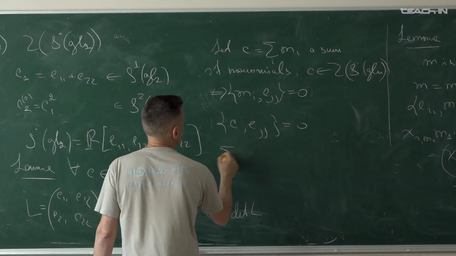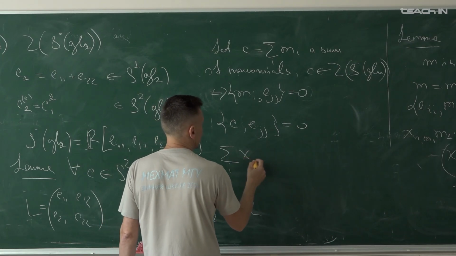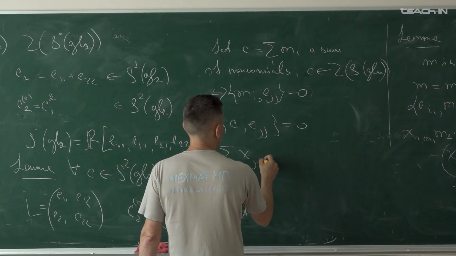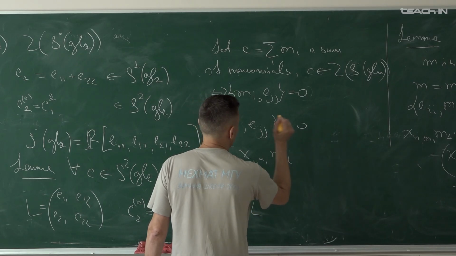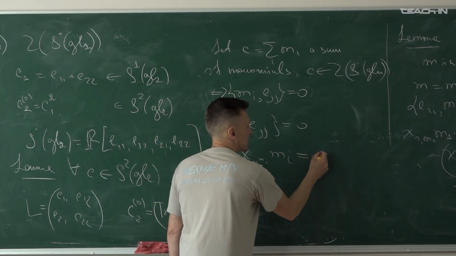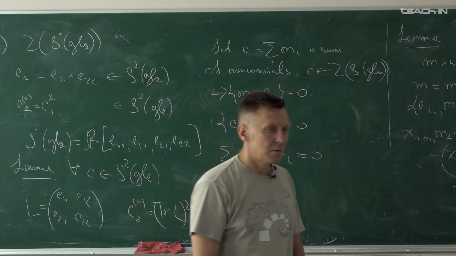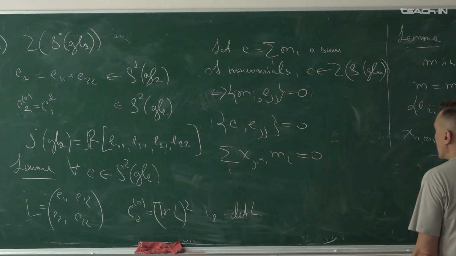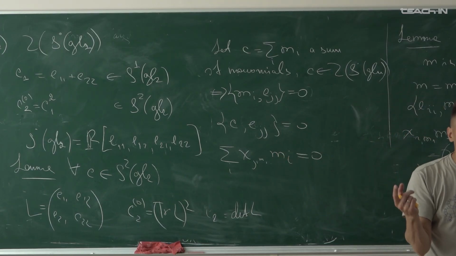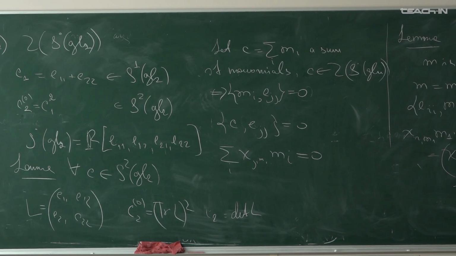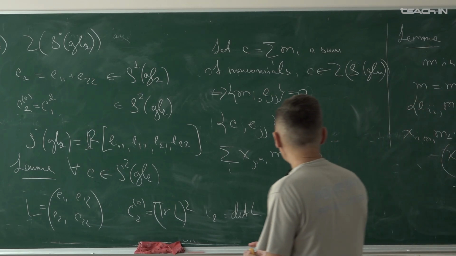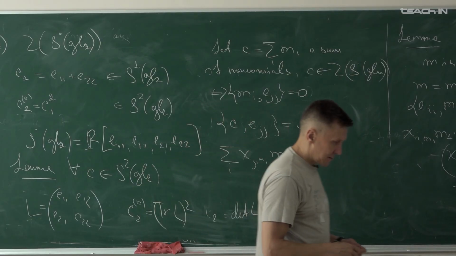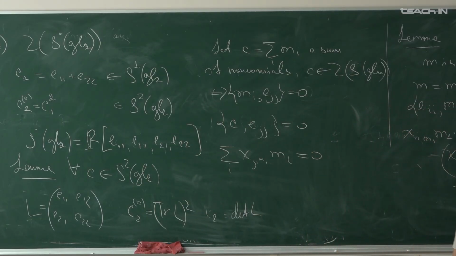But this commutator is the sum over i of h_i(M_i) multiplied by M_i, and this is equal to 0. And these monomials are linearly independent. So, in short, we have the sum of all possible monomials, and all individual monomials commute with the diagonal elements.